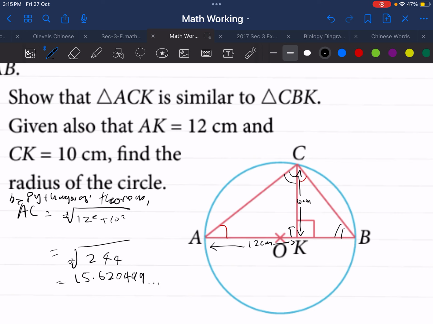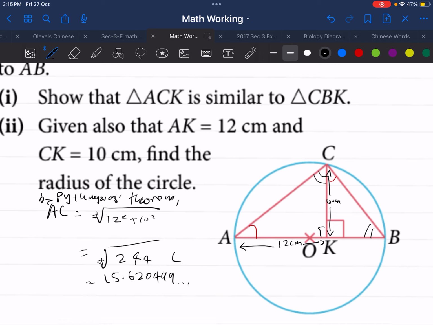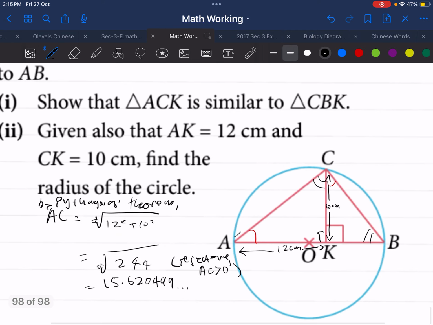Reject negative because AC is more than 0. So now you know AC is 15.620499.